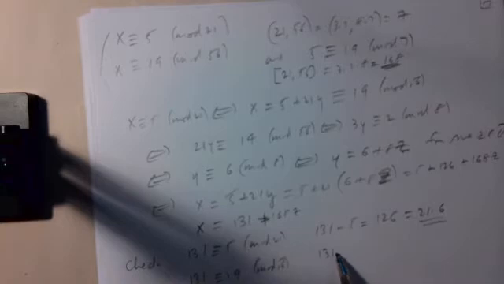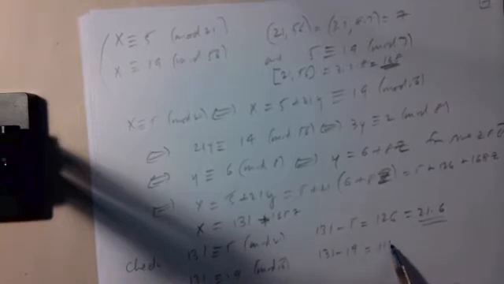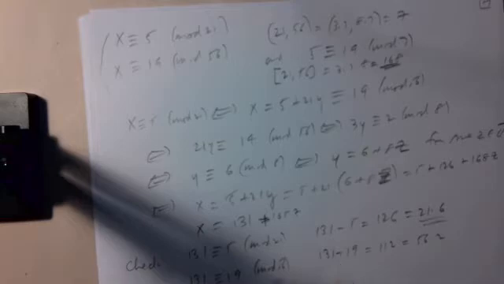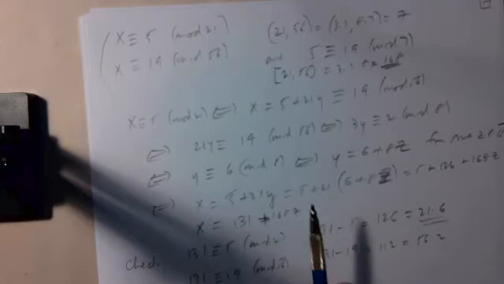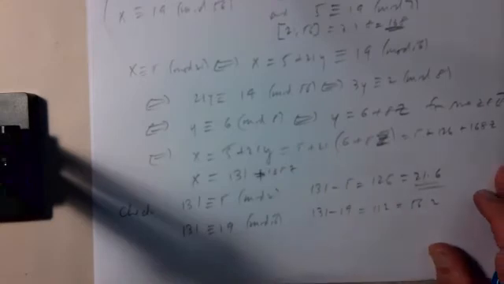That means 131 minus 19, which is 112. That's 56 times 2. So 56 divides this. So 131 really is a solution of this system of congruences. And the set of all solutions is all numbers congruent to 131 modulo 168.